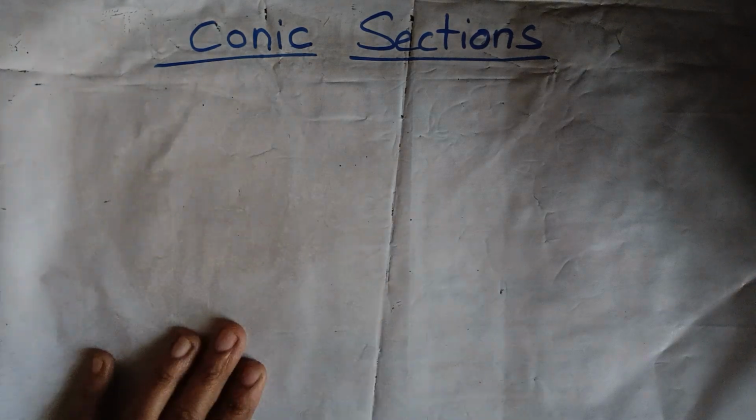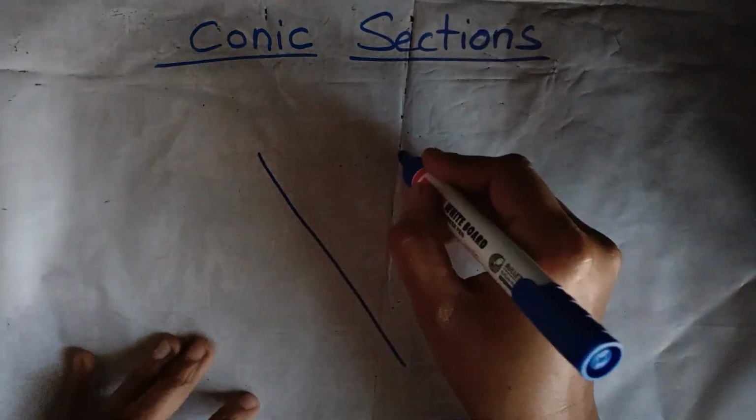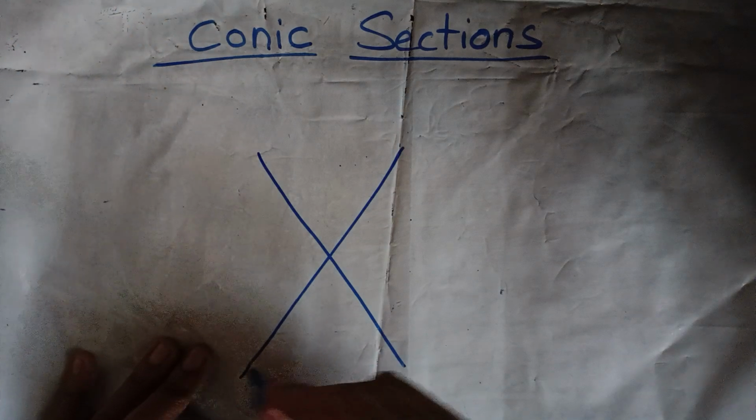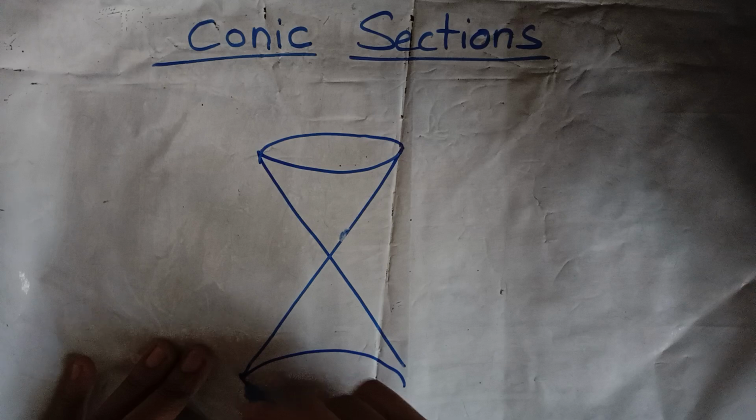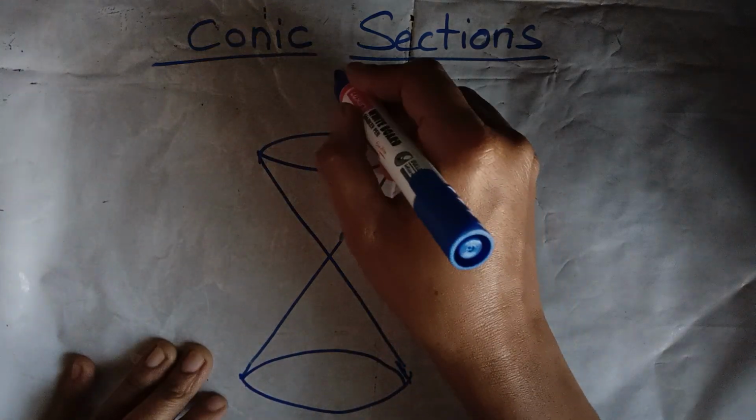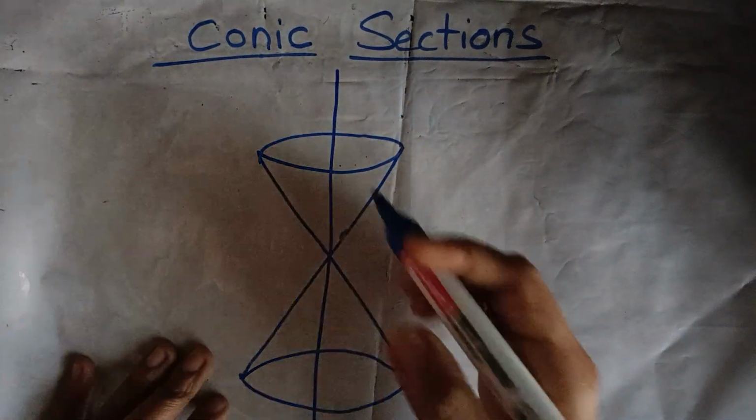So conic sections are basically the curves which are obtained by intersecting a double-napped right circular cone by a plane. That is, we have a right circular cone. This is the axis.